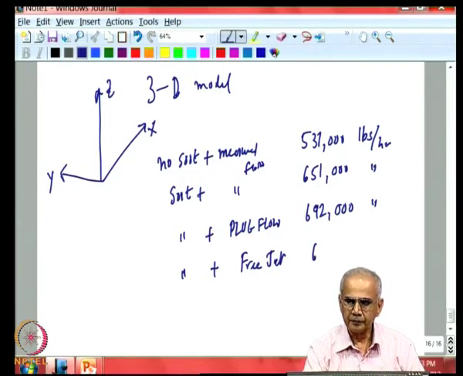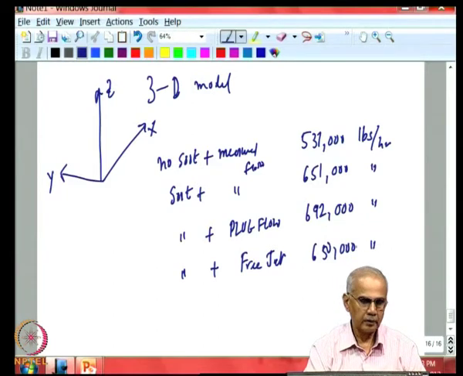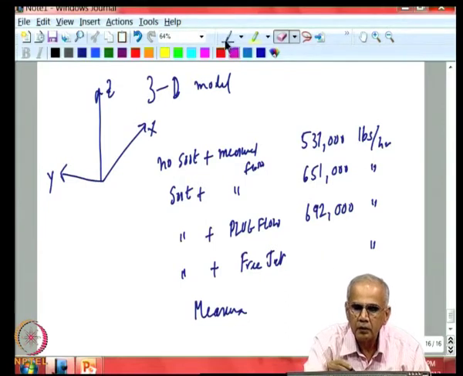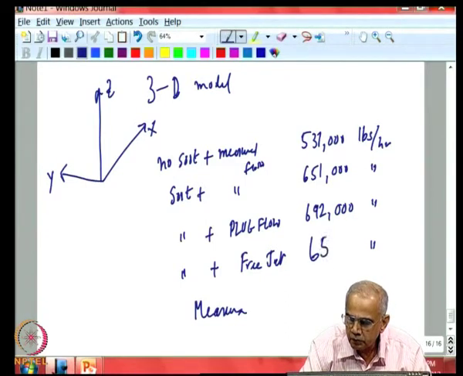Then you get 650. And recall that measured value was 627.